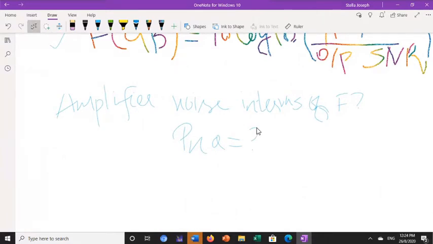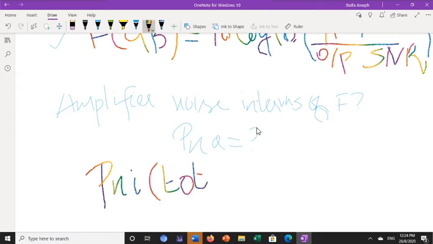So we have one formula called total noise. Total noise PNI total is equal to PNI minus PNA.